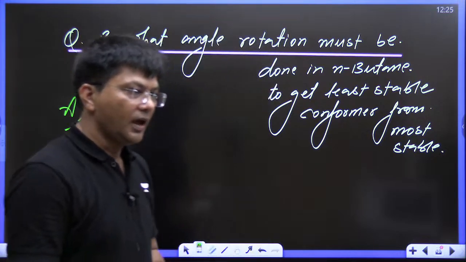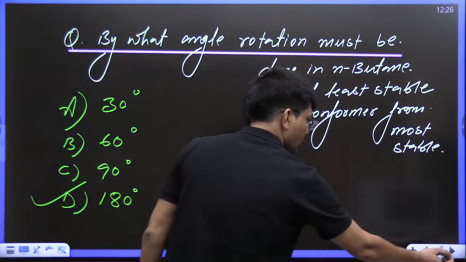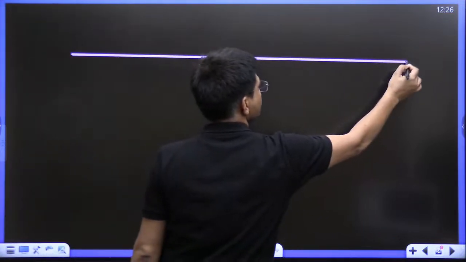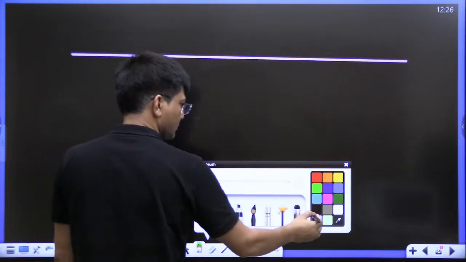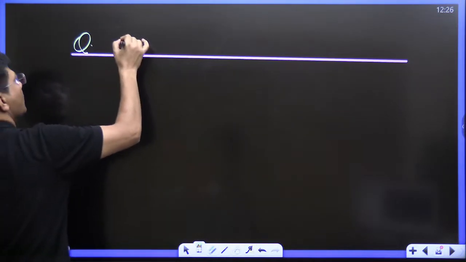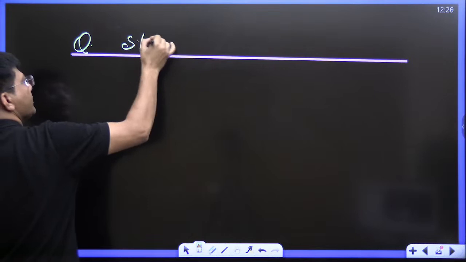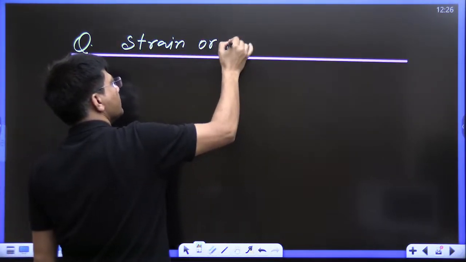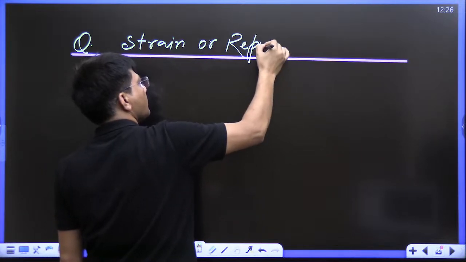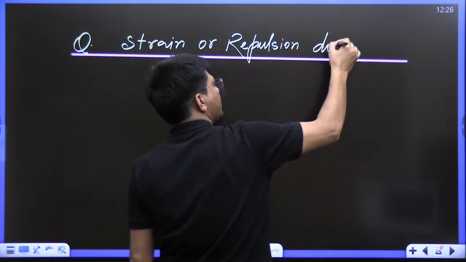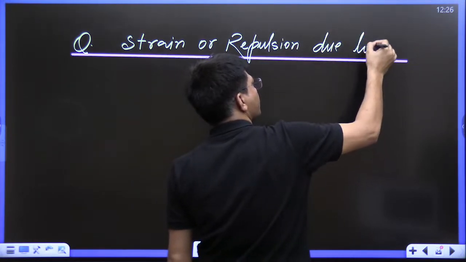Now see, everyone, next question. The question is, strain or repulsion due to bonded electrons.